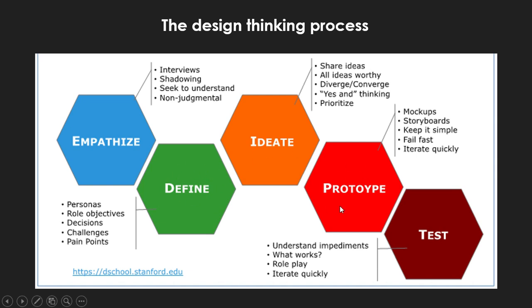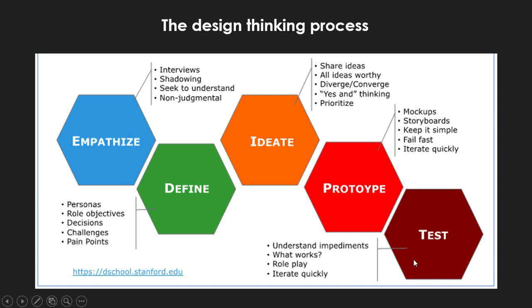And then the final stage is to test the prototype you've made. If this prototype satisfies these problems and satisfies the users, it means this design thinking process is done. You're done with it.